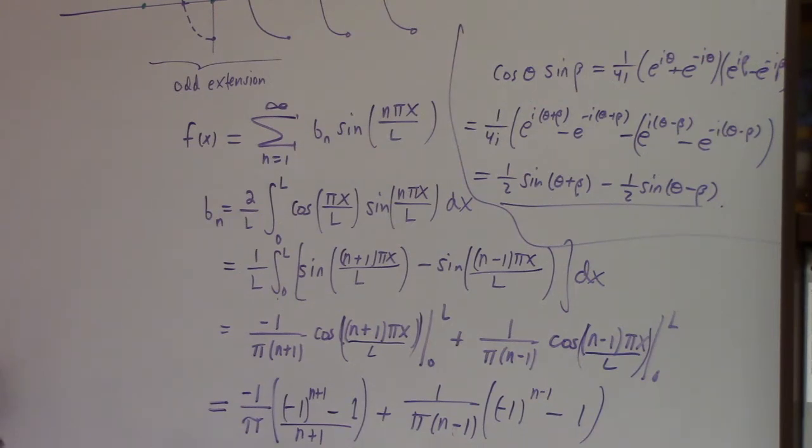I could say n plus 1 just the same, make it all nice and pretty. Now they look the same, sort of. And then make a common denominator: (1 minus (minus 1)^(n+1)) times (n minus 1) plus (n plus 1) times (minus (minus 1)^(n+1) minus 1), all divided by pi times (n squared minus 1), because (n plus 1) times (n minus 1) is n squared minus 1.